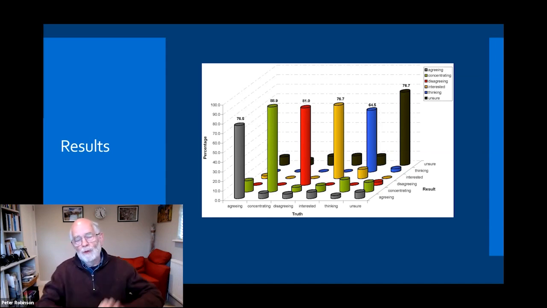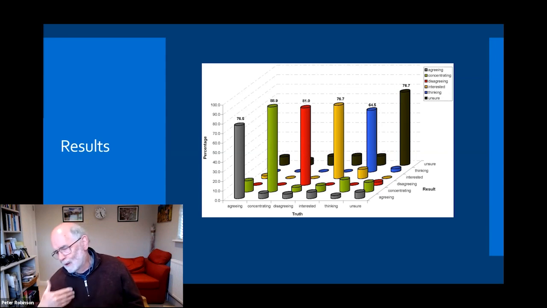So it's only a small section, finely divided into 6. And across the horizontal axis, you see the ground truth, and going into the depth, the inferences from the system. And you see various things here.